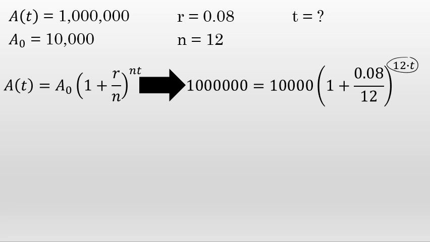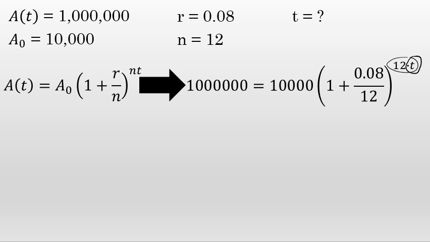This is an exponential equation because the variable, the unknown, t in this case, is in the exponent. Exponential equations can be solved using logarithms, and that's what we'll do to solve this equation.